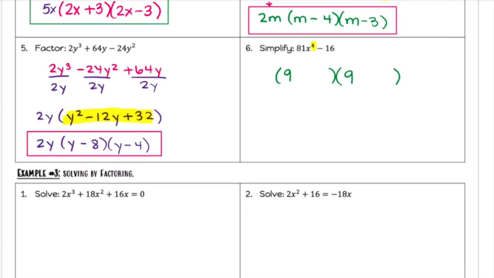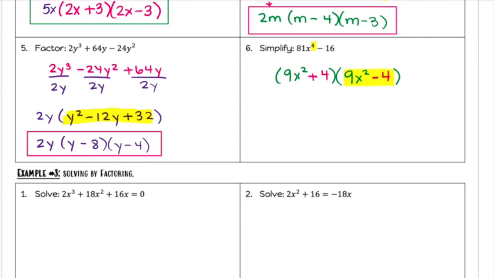I'm going to break up x to the 4th as x to the 2nd, x to the 2nd. So that would be our first term. Since we have a difference, that means 1 is plus, 1 is minus, and we have 4, and 4 will give us that 16.